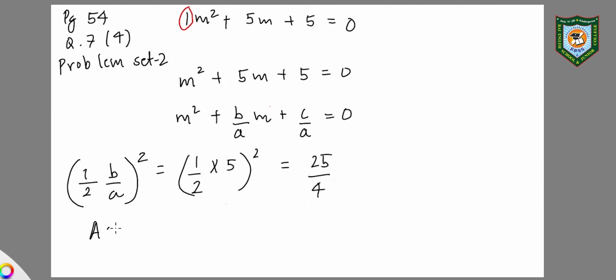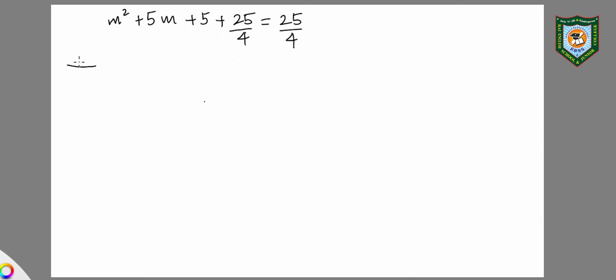Now we have to add this value to both the sides. Now here we have m square plus 5m plus 5 plus 25 divided by 4 is equal to 25 divided by 4, because we are adding 25 by 4 to both the sides.